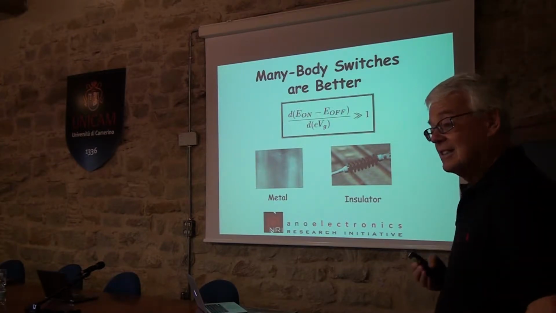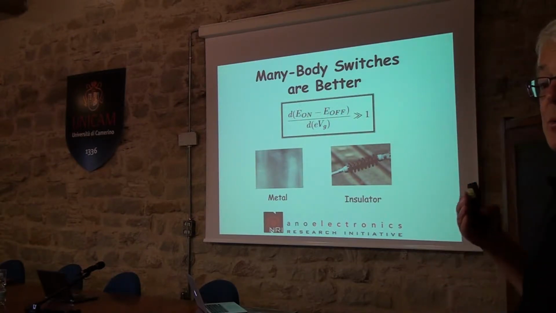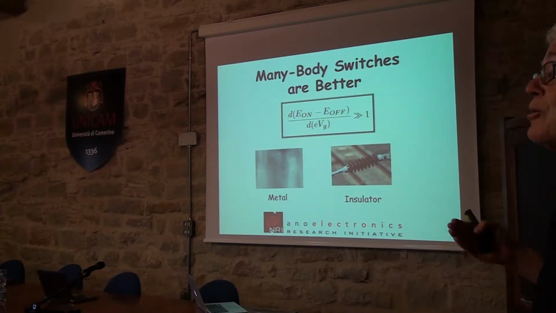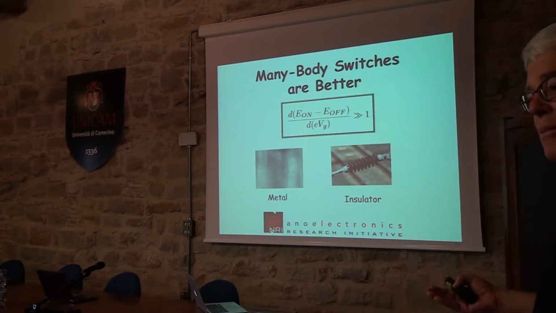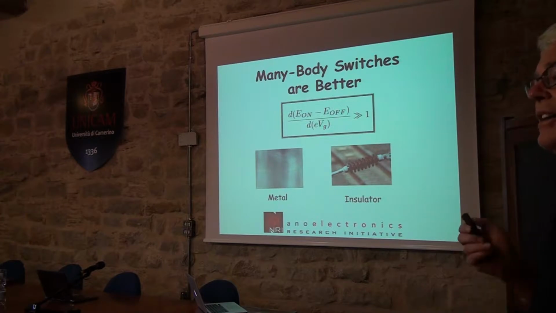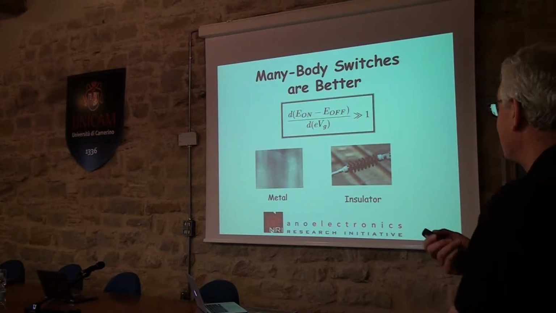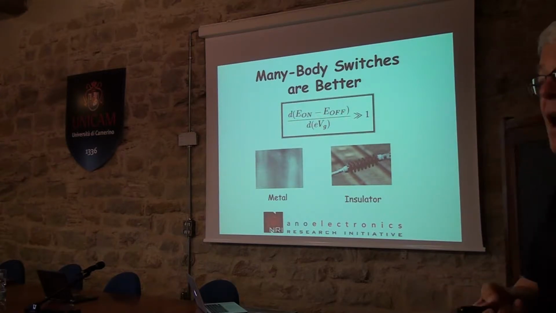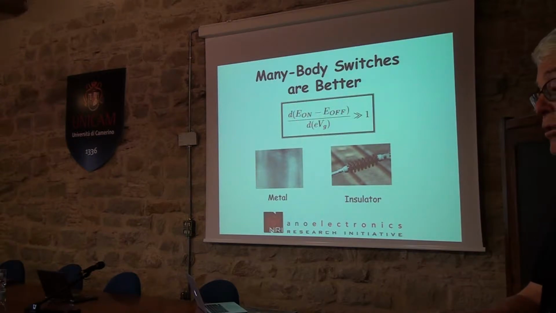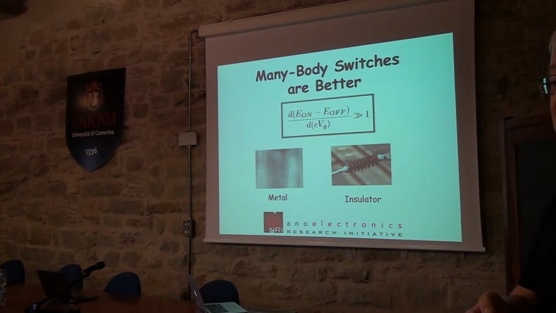Our current electronics is based on switching the motion of individual electrons with some gate voltage or something, and that can never be sharper than kT. That's the fundamental reason that you have to operate electronic devices at a substantial voltage, and they consume a lot of power, and you can't make them any better.